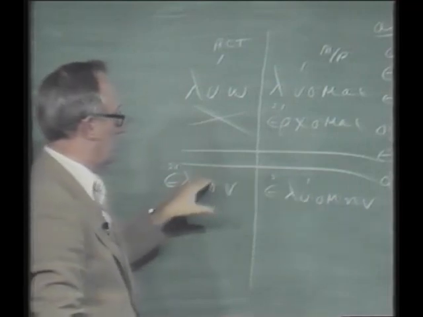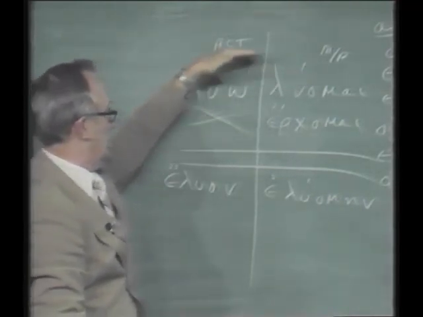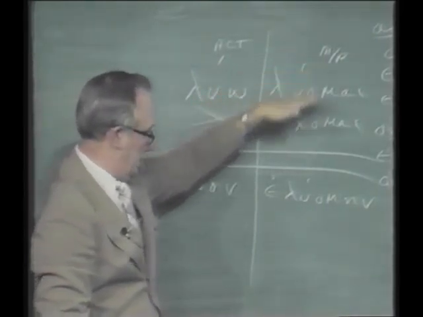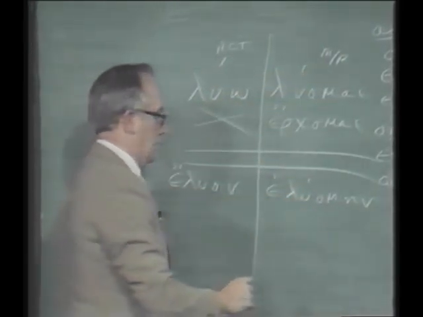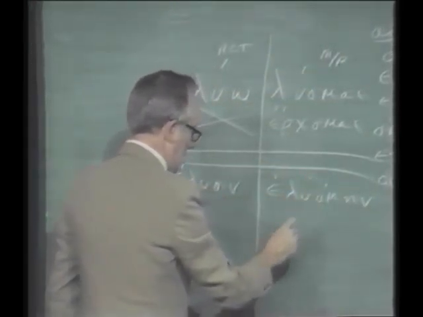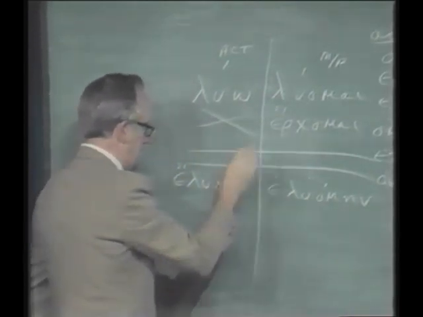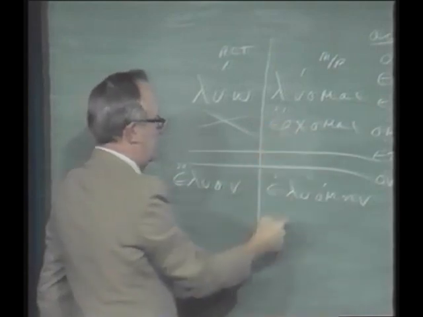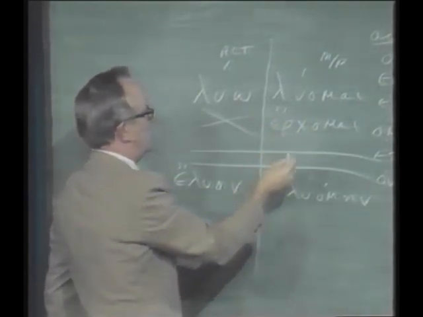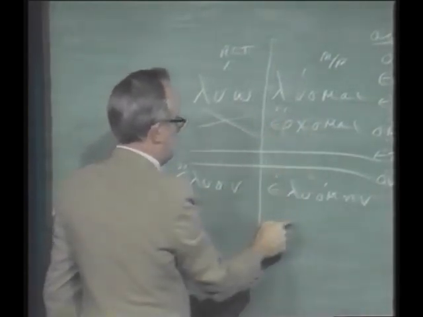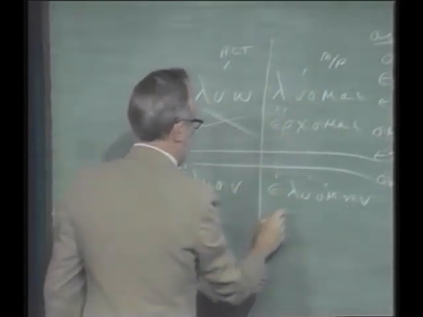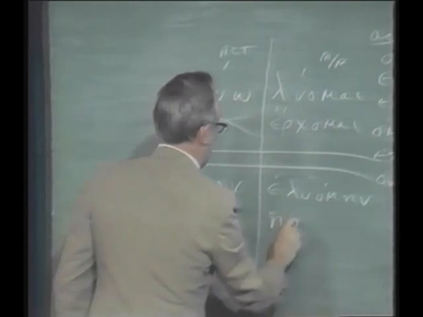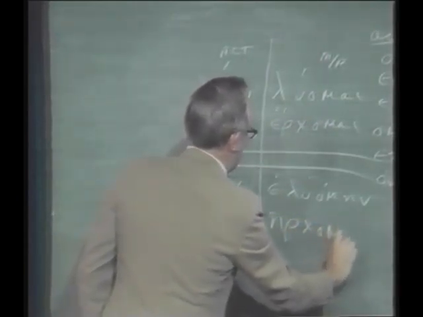Now, these forms you can have both, because you have both in the active, or in the present. Present system has luo, eluon, luomai, eluomen. All right, now, what he's saying here is when you go to make erchomai imperfect, then you're going to have to make it imperfect on the middle and passive side. So erchomai will be erchomen.